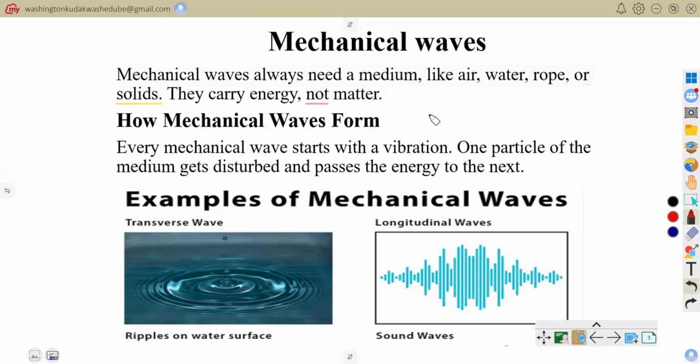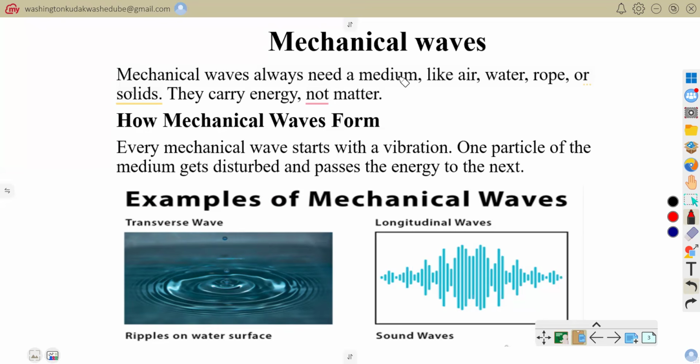Once we are done with mechanical waves, that's when we can start looking into electromagnetic waves. Under mechanical waves, as we have said, these always need a medium, which is materials like air, water, rope, or solids.